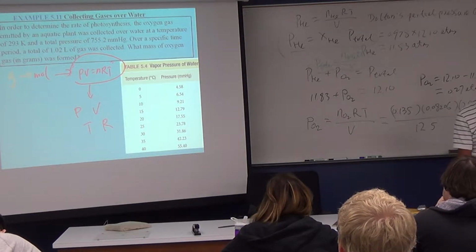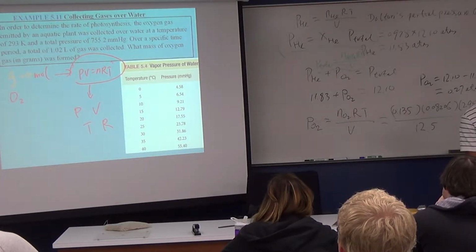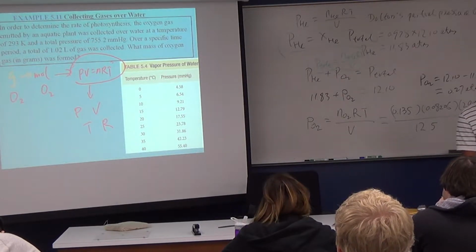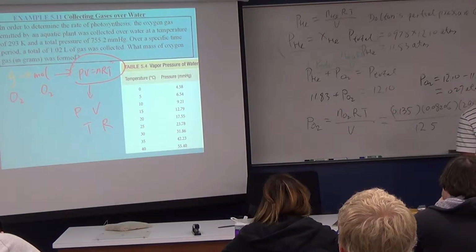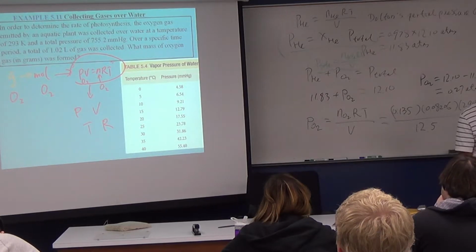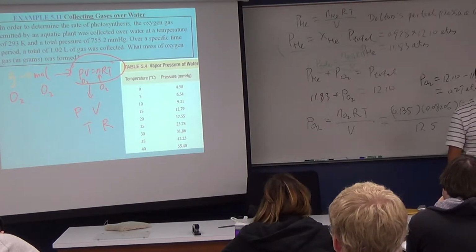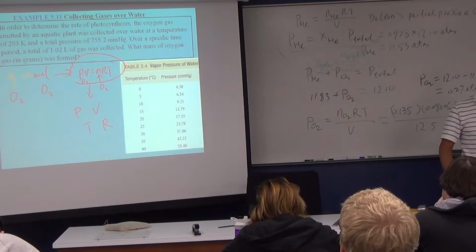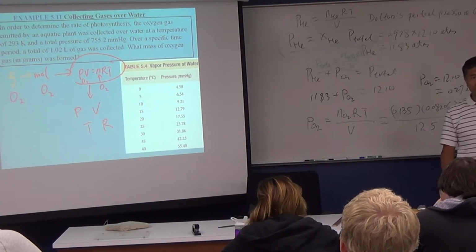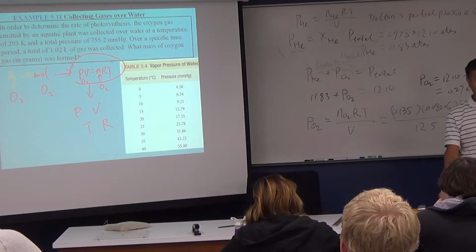But here, everything is about O2. So if you put that substance in, you want to find moles of O2. In this equation, the pressure will be the pressure of O2, and this n will refer to moles of O2. You don't have to put a subscript on the volume and the temperature, because every gas in the mixture has the same volume and the same temperature.